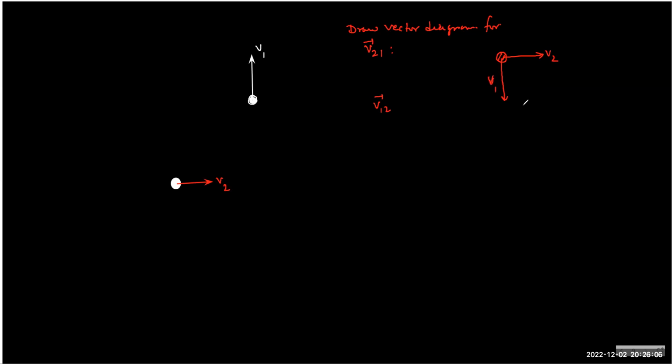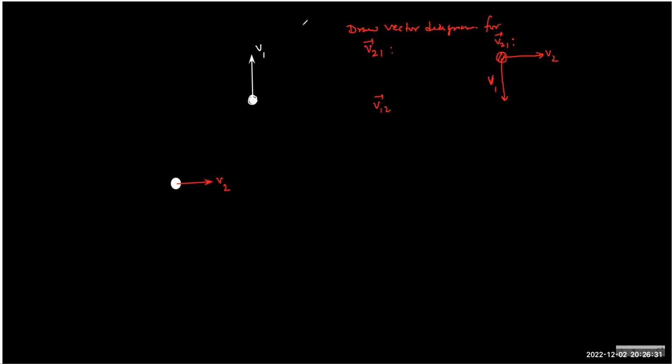I'm writing this as a value and with arrow. Correct? Yes, sir. Can we say this is V21 vector representation? See, what you have is yours only. Because the day I choose to become the observer, I'll give all of my velocity to others in the opposite direction. That's the definition. V21 is V2 minus V1.